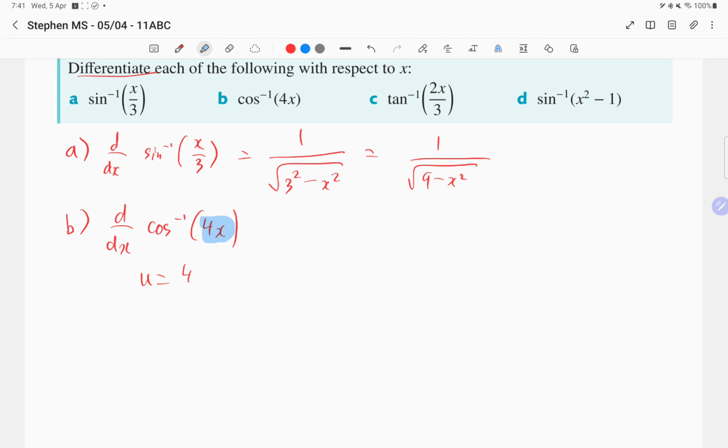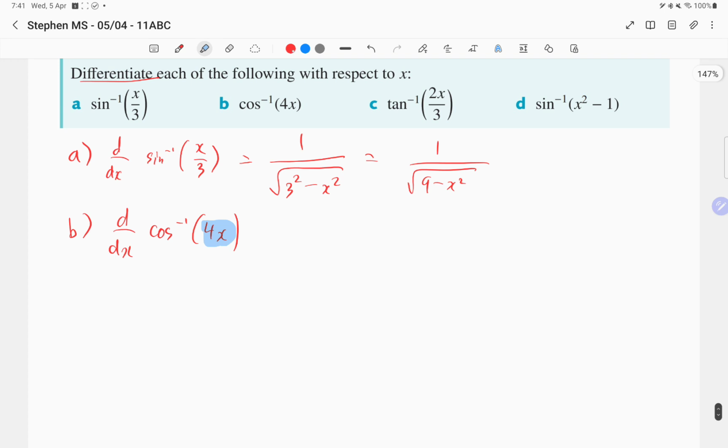Can't you just times it by 4 at the end? Yes, that's not wrong. But it would be 1 minus 4x, everything squared, not just x squared.